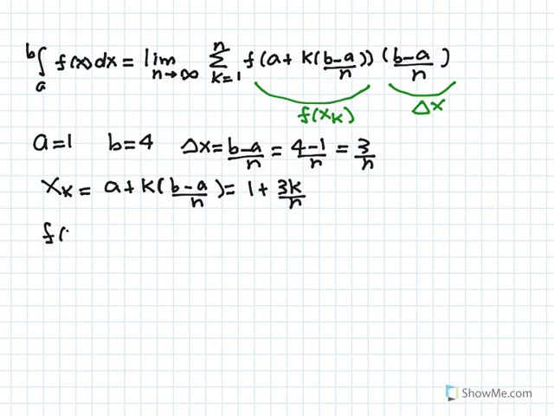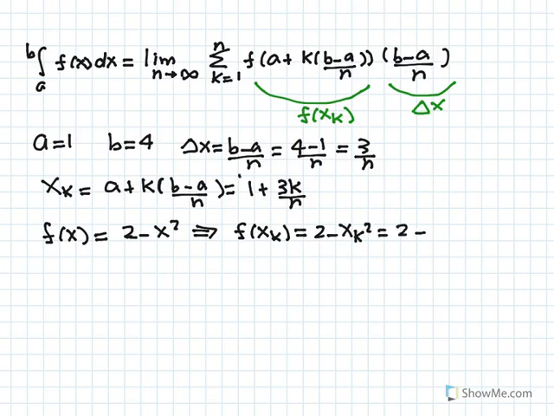Now, f of x, the function, is equal to 2 minus x squared. So let's substitute x_k into the function. We get f of x_k is equal to 2 minus x_k squared. That's equal to 2 minus x_k, which was found to be 1 plus 3k over n, so that's 2 minus (1 plus 3k over n) all squared.